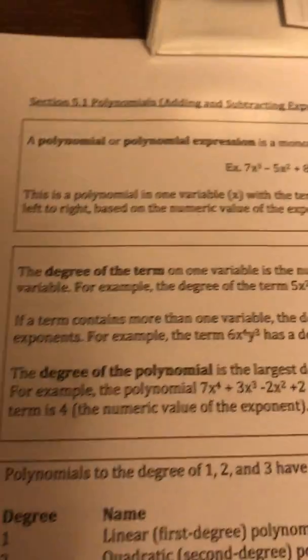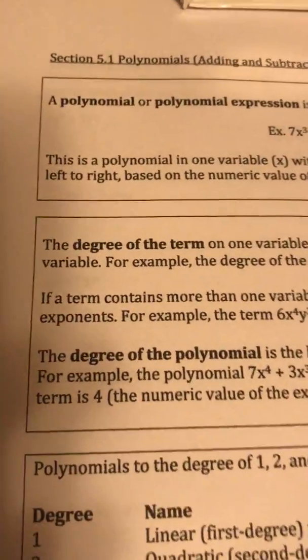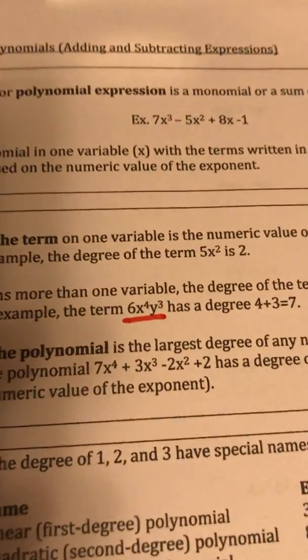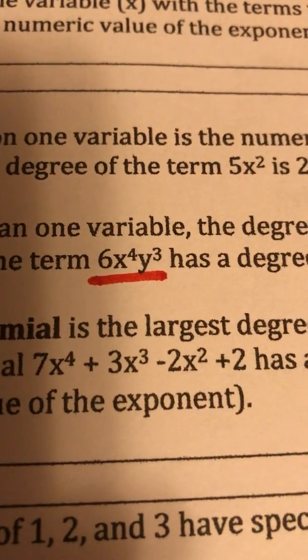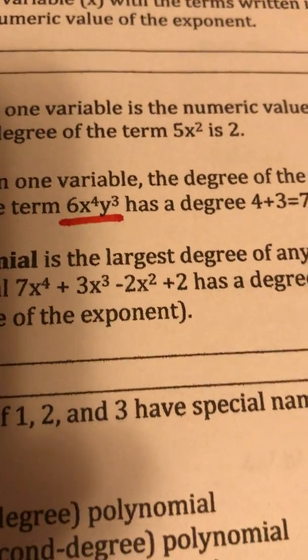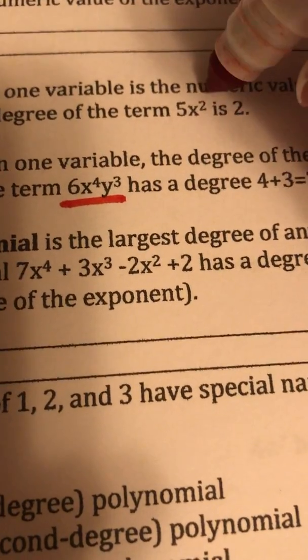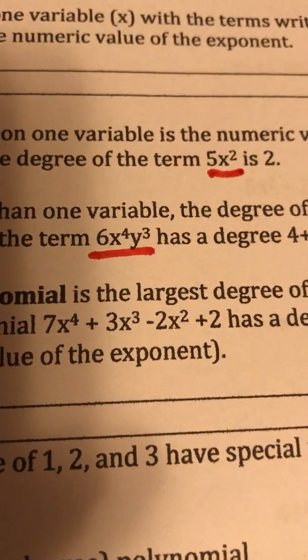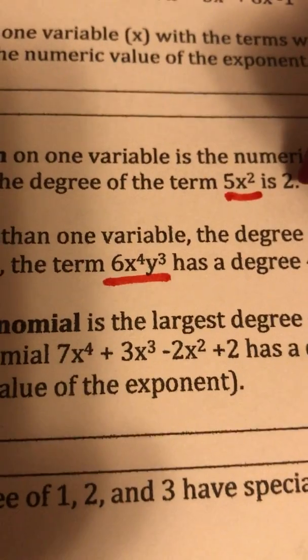Now, if you have more than one variable, like in this case, 6x to the fourth, y to the third, you're looking at the degree. The degree of the term is the exponent value. So the degree of 5x squared is 2.